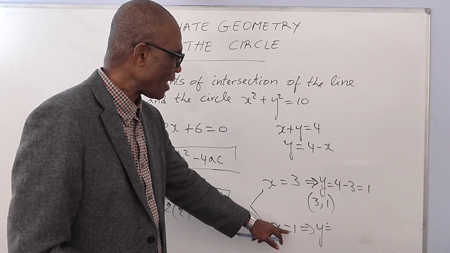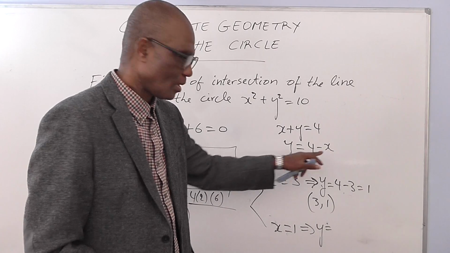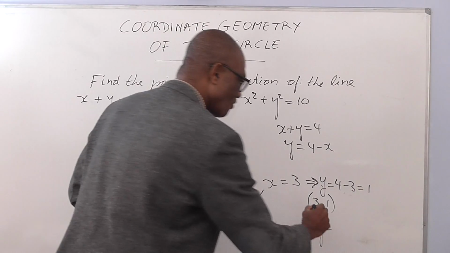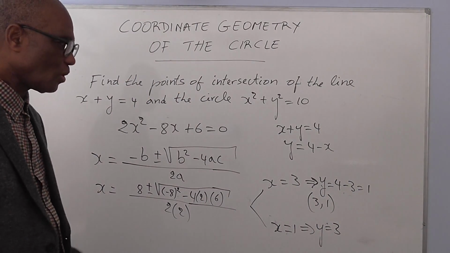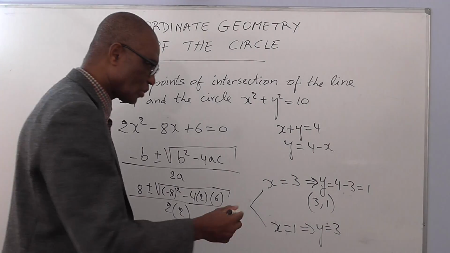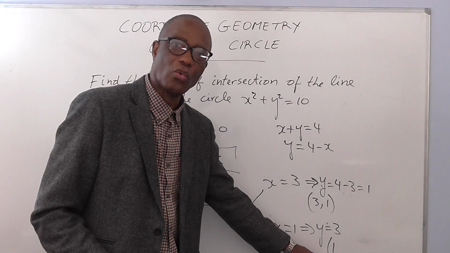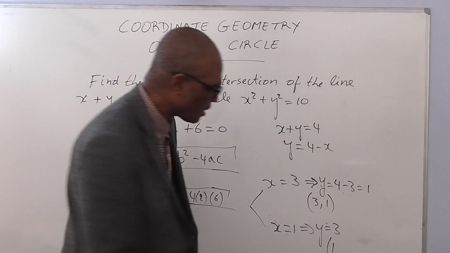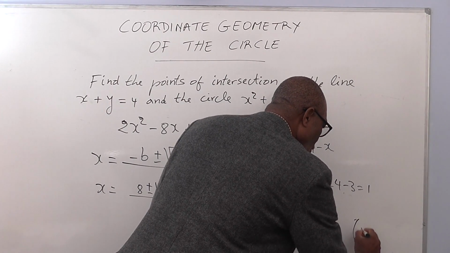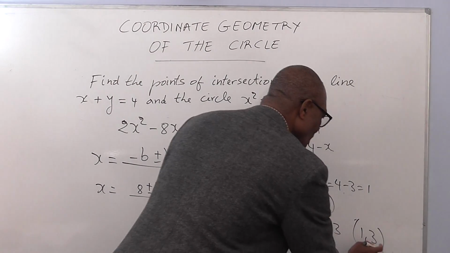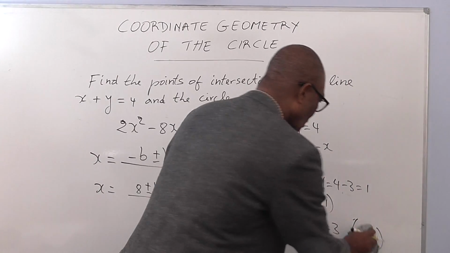Our x is 1. So we do 4 minus 1. So 4 minus 1 gives 3. So the solution now will be (1, 3). We have (1, 3) there.